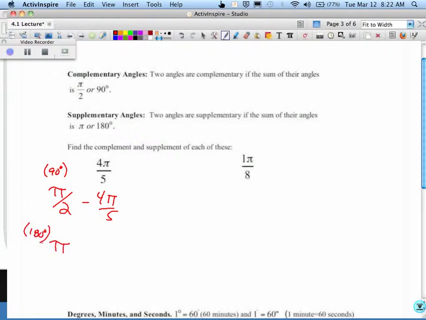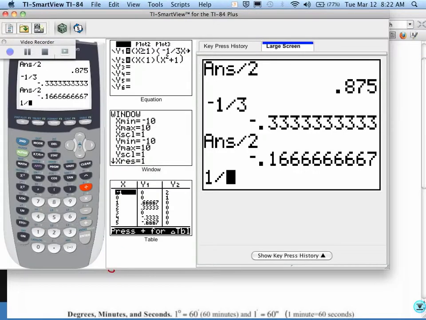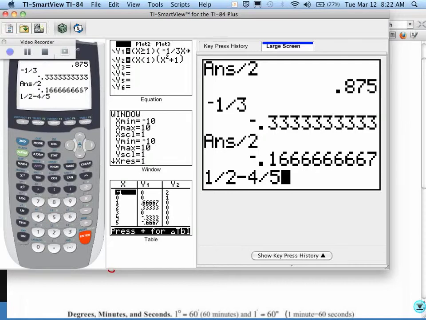If you want to get a common denominator, you go ahead and do that. 1 divided by 2 minus 4 divided by 5. Right? I wrote down pi over 2 minus 4/5. I go math, enter, enter, and I get negative 3 over 10, put pi back in there.